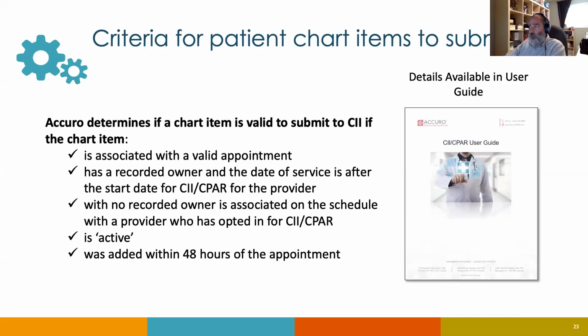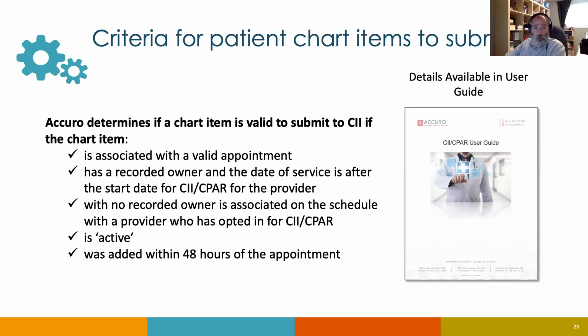And it's important to know what the criteria are for chart items to go. So there's certain criteria that have to be met in all of the EMRs before information can actually flow. And it's basic stuff that's normally in place, but it's important to know that if those things are not in place, then information won't flow. So in Accuro, information has to be associated with a valid appointment.